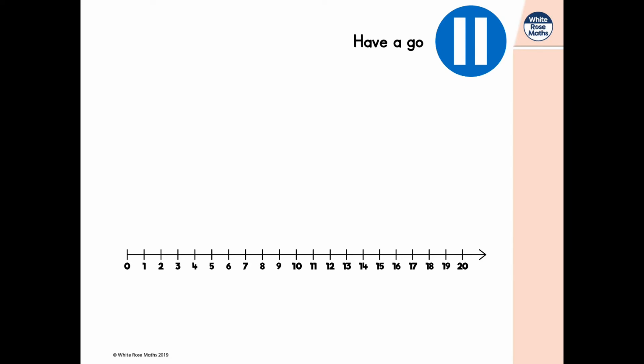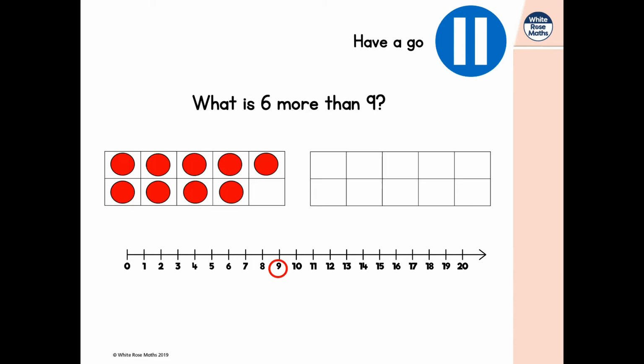It's almost time for you to have a go. But let's practice one more together. What is 6 more than 9? And once again, we're going to be using counting on. We're going to start at 9 and find out what is 6 more than 9. Remember, we have to be careful.